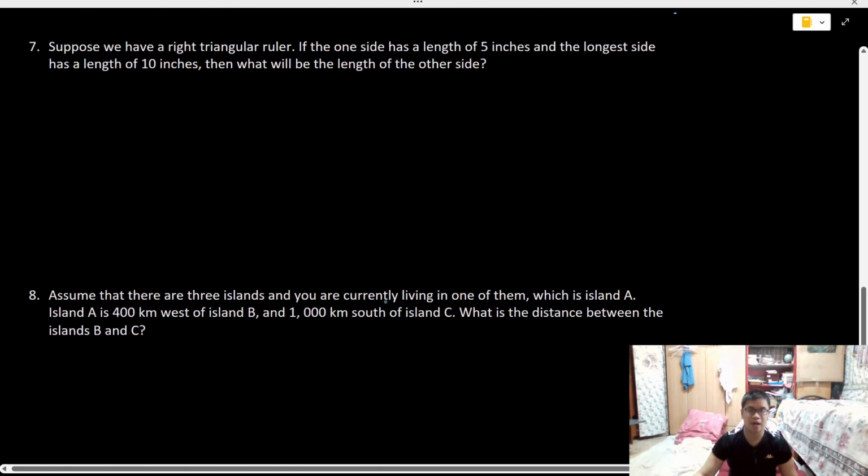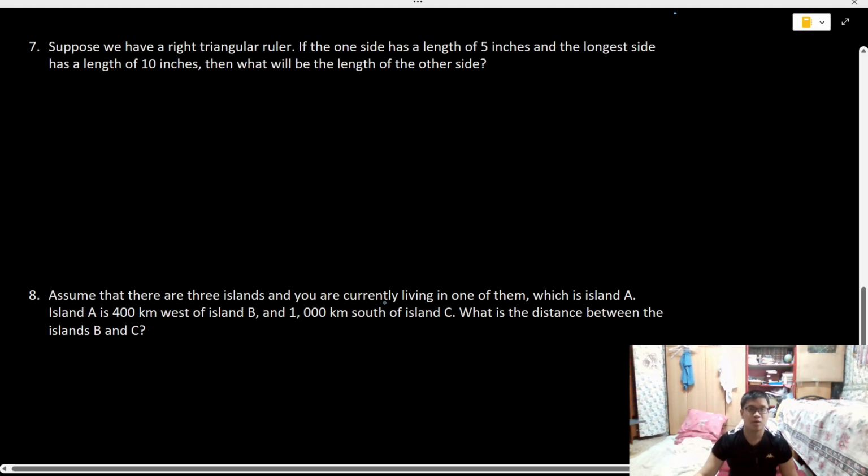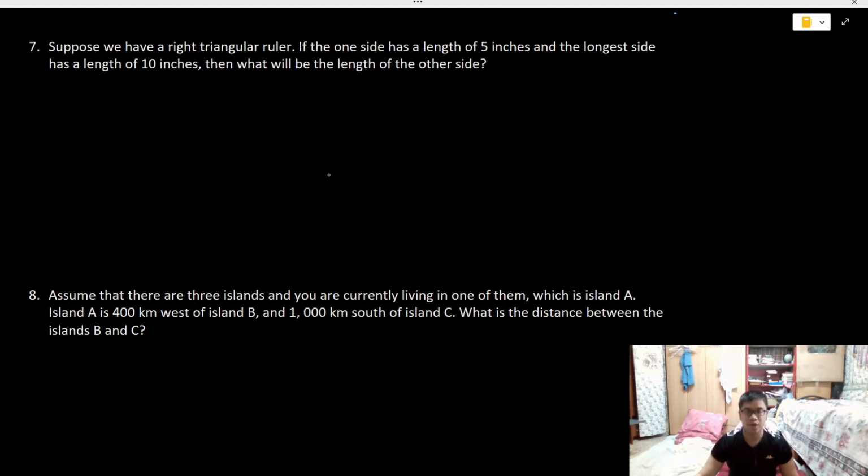So here we have some practical applications. Suppose we have a right triangular ruler. If one side has a length of 5 inches and the longest side has a length of 10 inches, what will be the length of the other side?